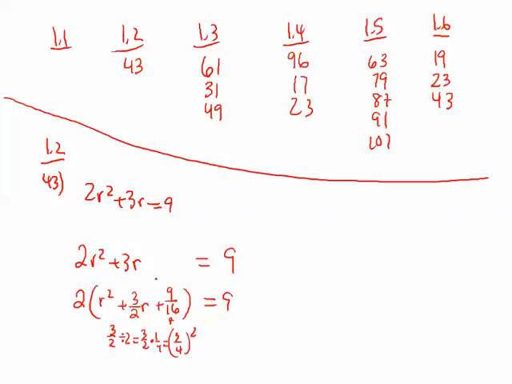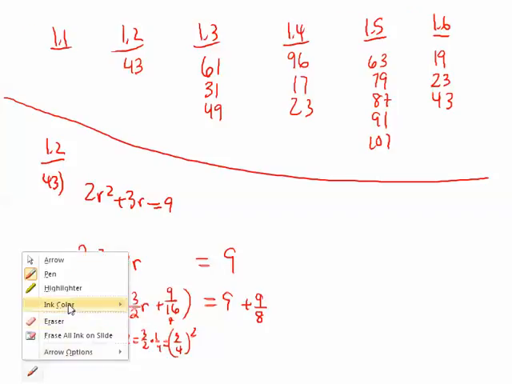Because if you multiply the 2 into here, the 2 and the 16 are going to actually reduce, is that right? So you're technically only adding a 9/8 to this side. Therefore, we have to add a 9/8 to this side as well. Good there?